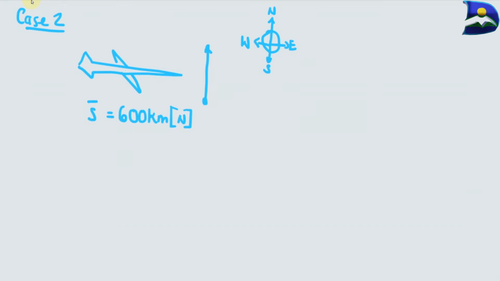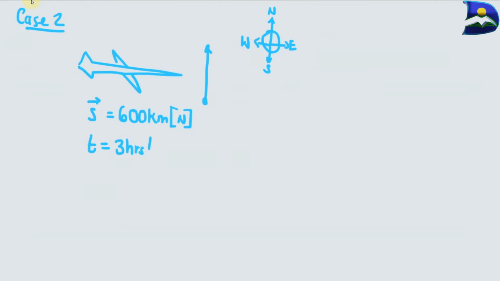Therefore, substitute our numbers for the variables, and we have our v average vector equal to 600 kilometers north divided by your time, 3.25 hours.